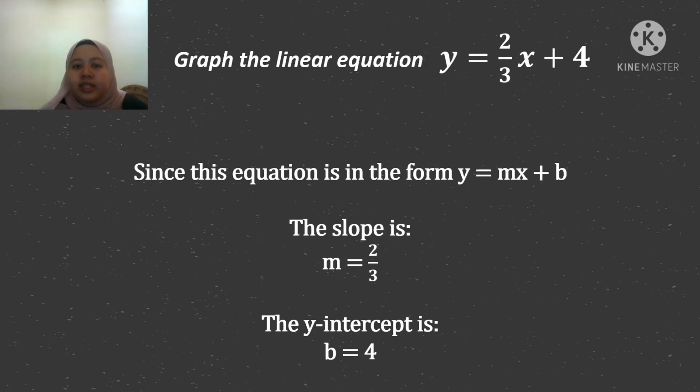From this equation, the slope is equal to 2 over 3 and the y-intercept is 4. From these values, we can quickly do the graph.